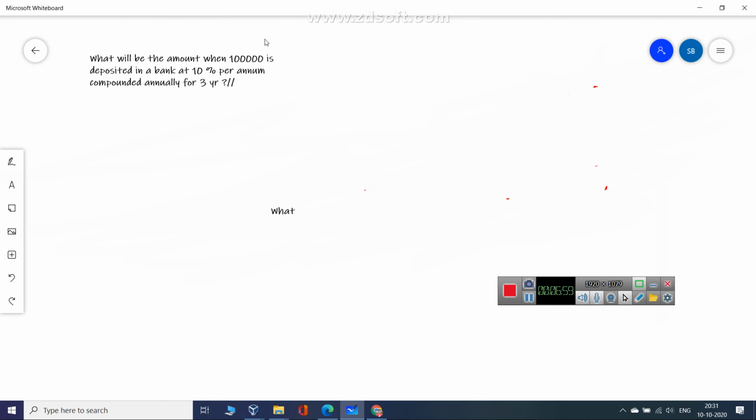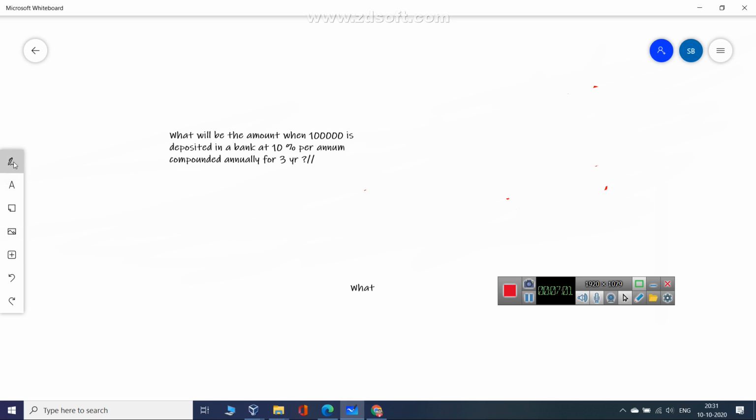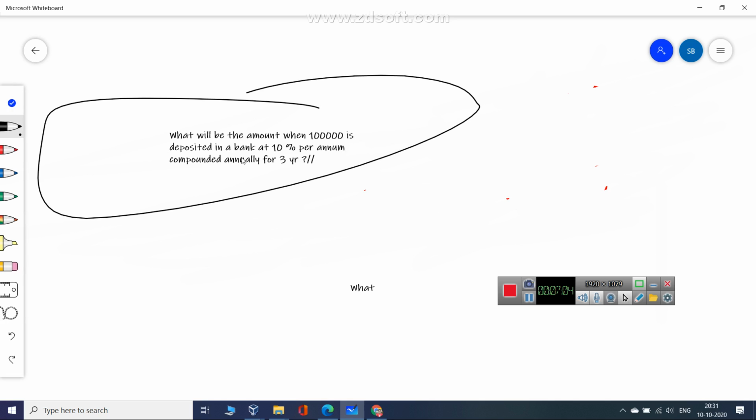So this is our question. Today's question: what will be the amount when 1 lakh is deposited in a bank at 10% per annum compounded annually for 3 years?